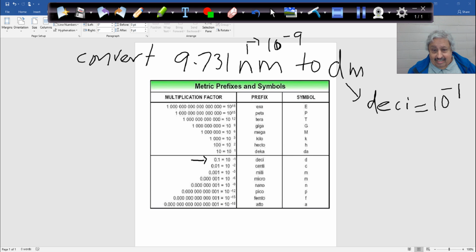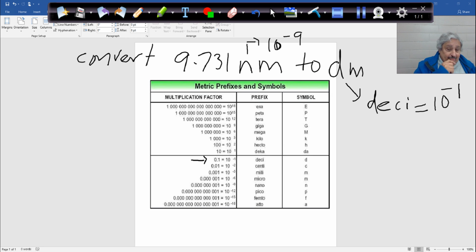If I ask before I start, it said the highest is exa. Is this the highest? What's the lowest value here? 10 power minus what? 18? Do we have lower than that? Yes. So it goes up to 10 plus 24 and 10 minus 24. 10 minus 24 is the mass of an electron in the atom. We'll come back in chapter 2 to talk about this. Beyond 10 minus 24, we can't get that because that's the electron, the smallest unit in the atom itself, correct?